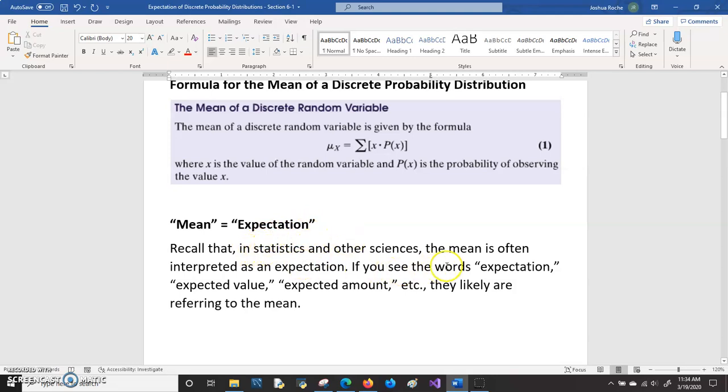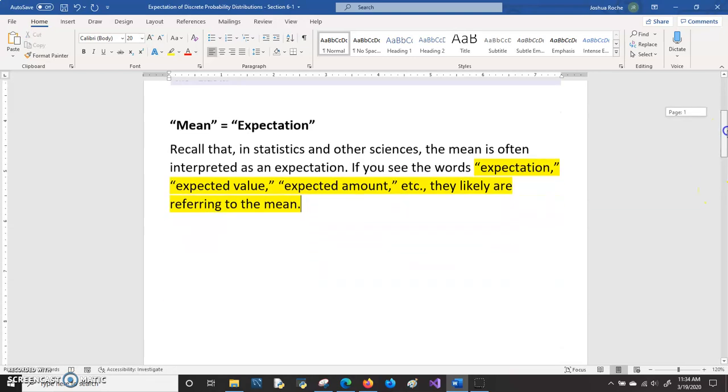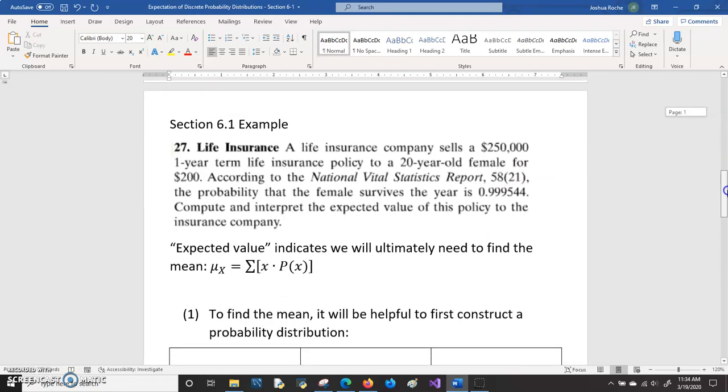So if you see words like expectation or expected value or expected amount in a problem, that's probably referring to the mean. And this example, number 27, is similar to what you'll see in one or two of the homework problems.